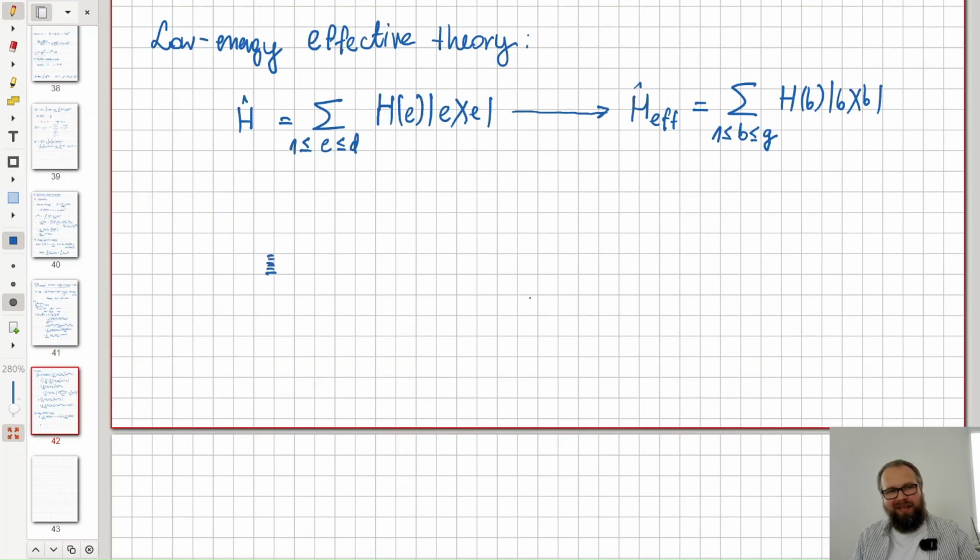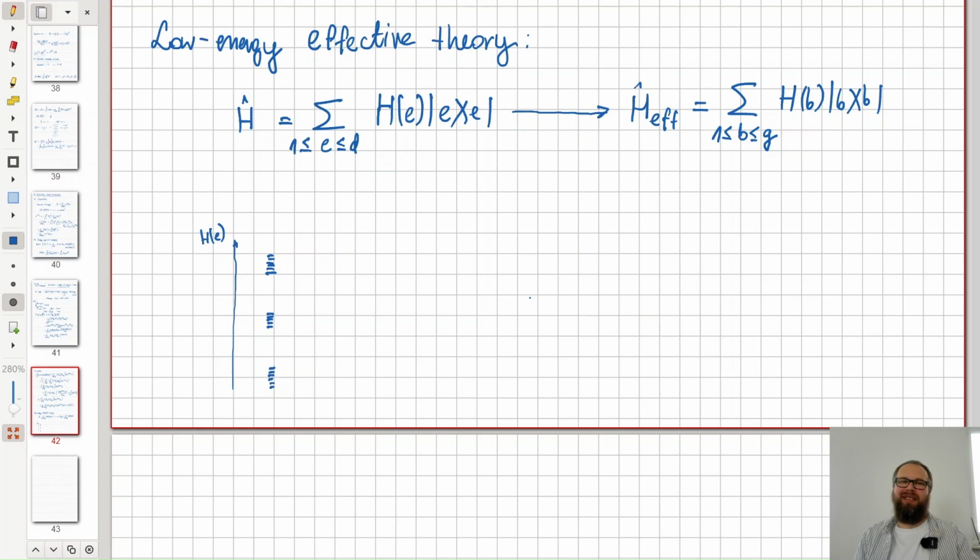You need not apply this just to block 1, which is the lowest energy subspace. You can equally well apply it to block 2, as long as it is separated from blocks 1 and 3. You have to stay within block 2.